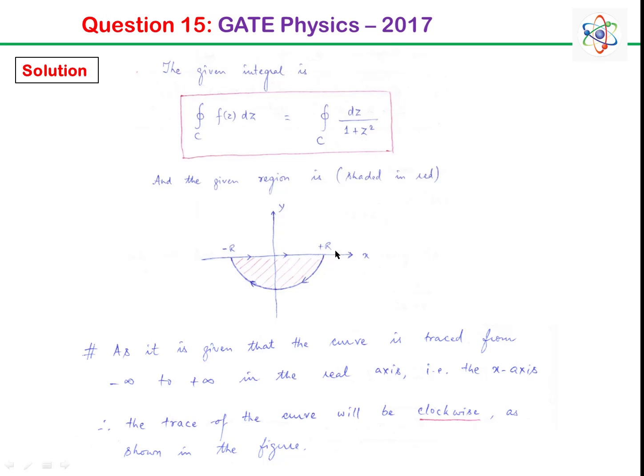So the direction has to be like this, and if I draw the trace fully, it will be like this. This is a clockwise motion, so our problem is associated with a clockwise trace.